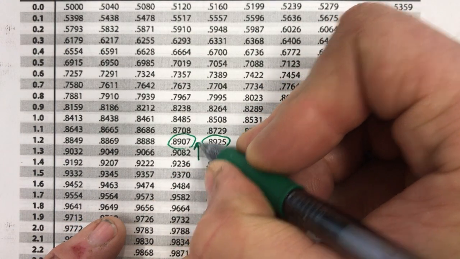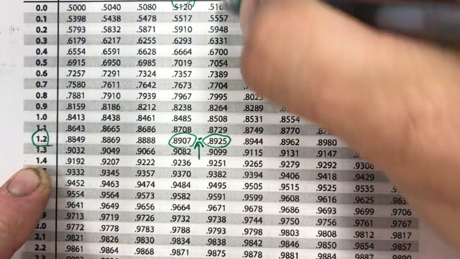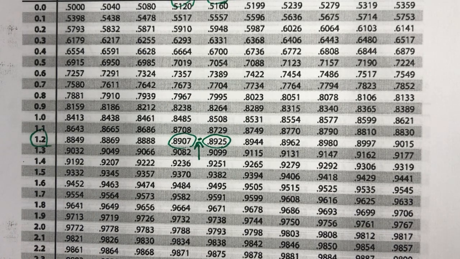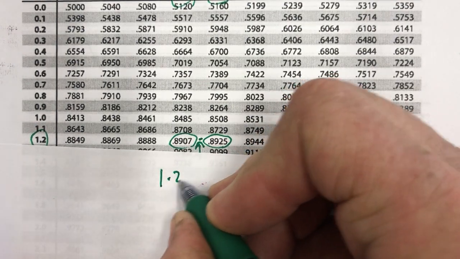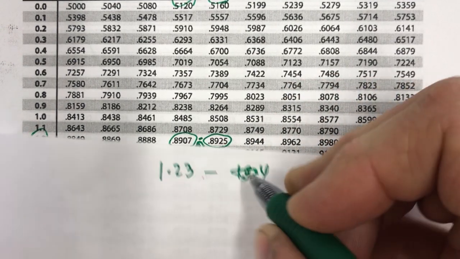So it looks like 8916 is between these two right here, which, if you look at it, this is 1.23 and this is 1.24. So it's actually between 1.23 and 1.24.